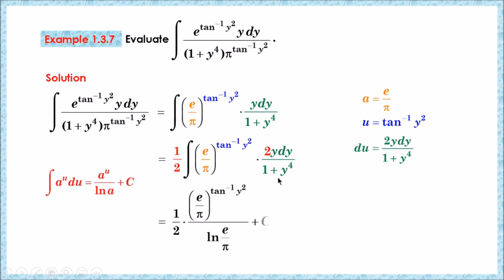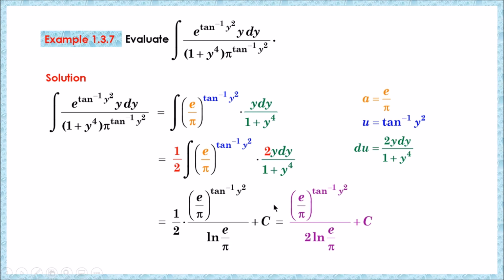So we have 1/2 times a^u over ln a plus c. But a here is e over pi and u is arctan y^2. Simplifying, we get (e over pi) raised to arctan y^2 over 2 ln(e over pi) plus c.